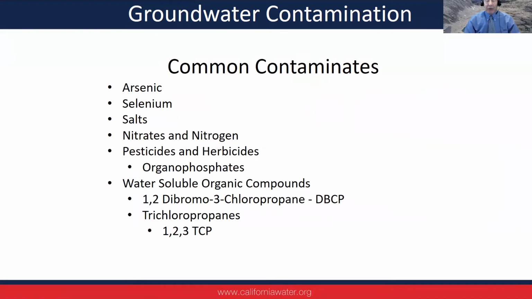The common contaminants in the San Joaquin Valley are arsenic, selenium, salts, nitrates, and nitrogen, pesticides and herbicides. Some are organophosphates and water-soluble compounds such as 1,2,3-dibromo-3-chloropropane, also known as DBCP, and then your trichloropropane, the most notable of which is 1,2,3-TCP.